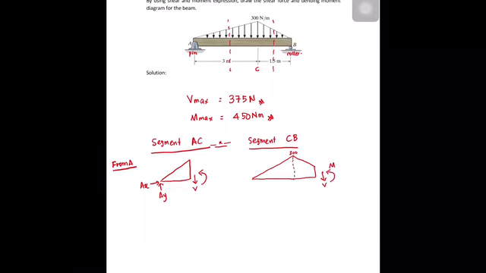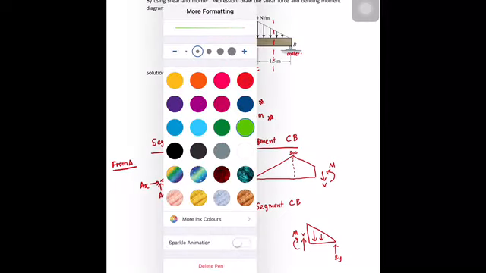Or else, to make your life easier, you can start segment BC, segment CB from CB, no problem, because the question did not give you any direction of cutting. So you can have both triangles. See? Okay, so you can choose.